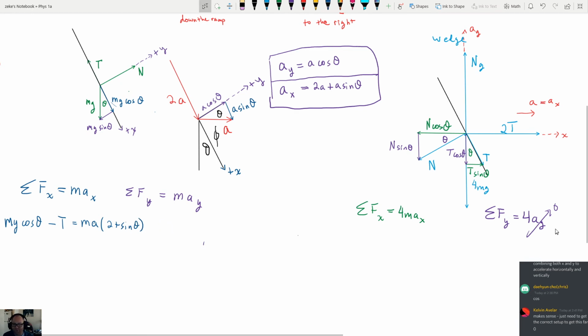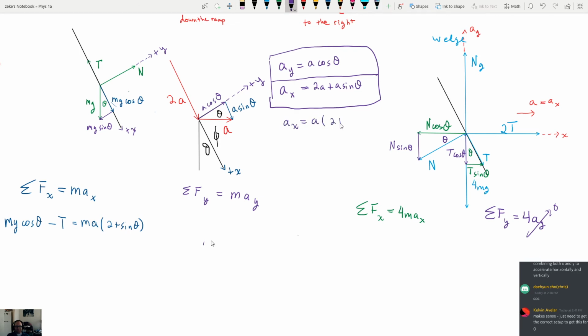I skipped a step there, but if you look at this equation, a_x is basically just factoring a out of here. It's a times 2 plus sine theta. That's all I did right here. Okay, does this equation make sense? Does anyone have any questions about this?